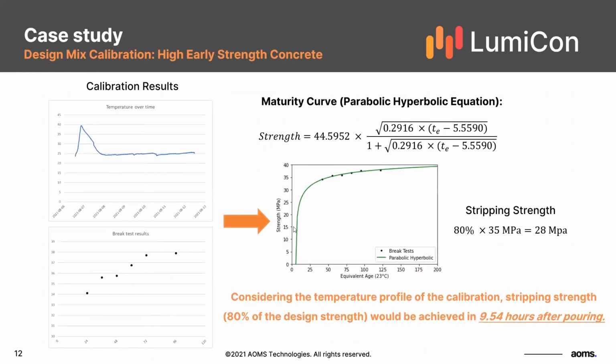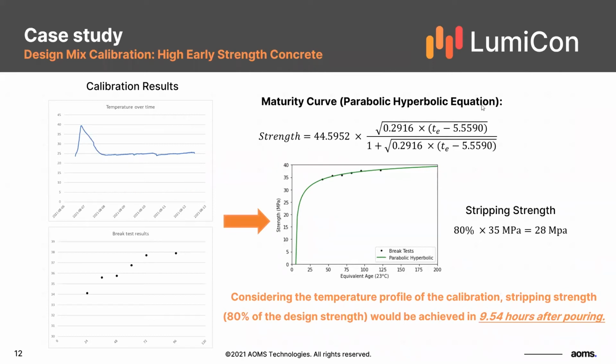This is another example, and it was very interesting about the fact that cylinders, specifically for early strength concrete, don't show the real pace of curing. We had a case where our clients were using a high early strength concrete.